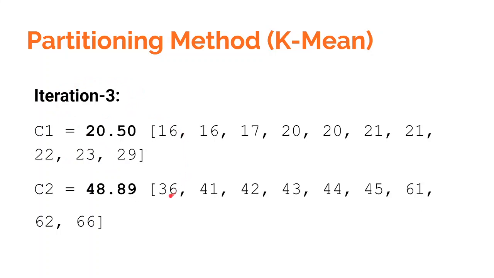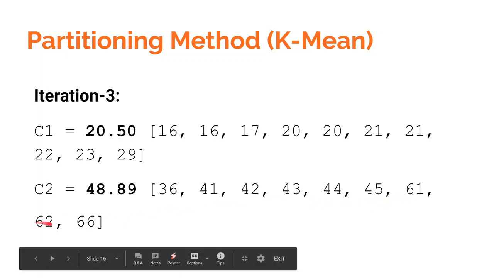and the values from 36 to 66 are more near to 49. How can I determine that all these values are near to 49?